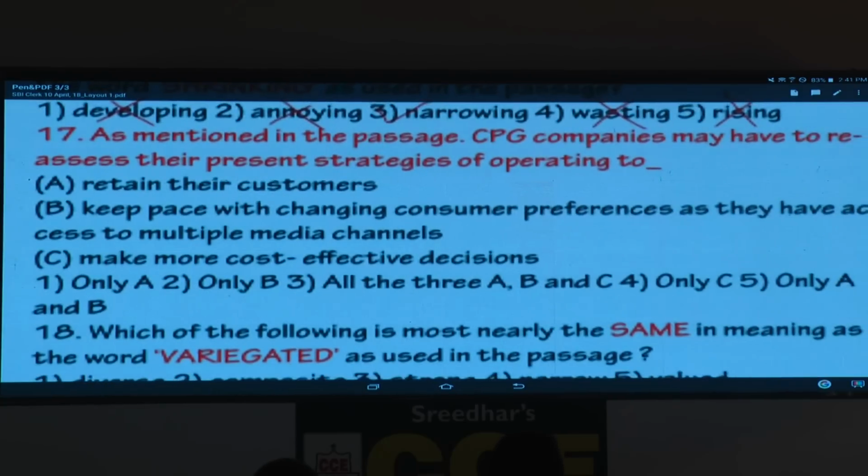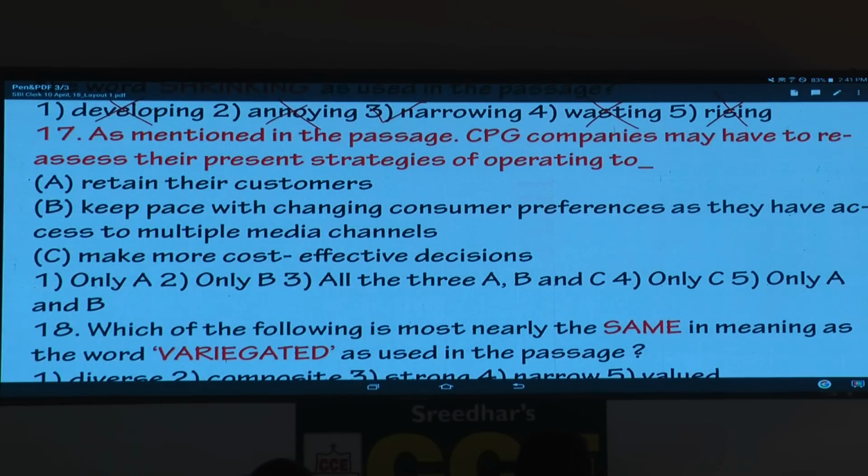Question number 17. As mentioned in the passage, CPG companies may have to reassess their present strategies of operating: 1. To retain their customers, 2. Keep pace with changing consumer preferences as they have access to multiple media channels, 3. Make more cost-effective decisions. So what is the answer here?